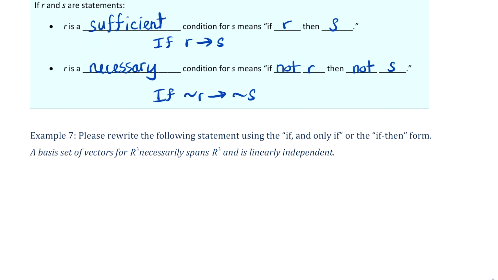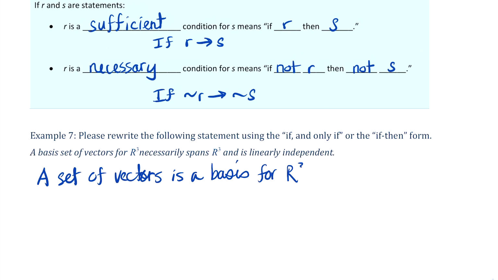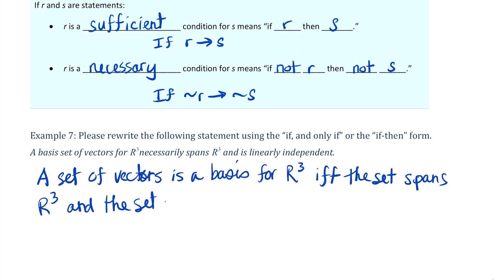So if I want to rewrite this statement, I can say a set of vectors is a basis for R3 if and only if, remember, the set spans R3 and the set is linearly independent. And if you haven't taken linear yet, maybe I'll see you later.